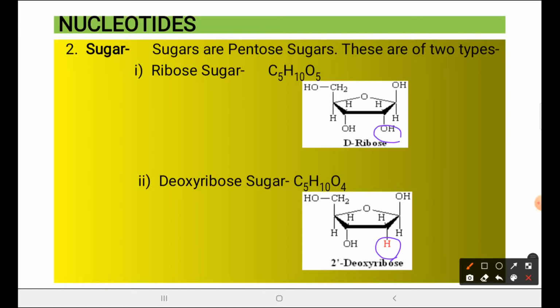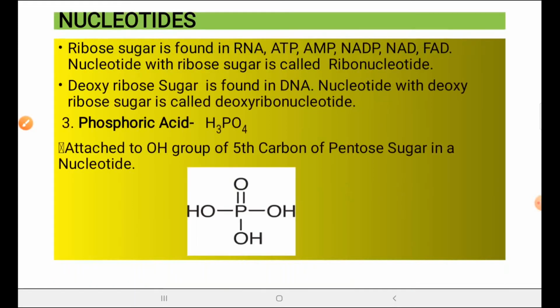Got it? Now let us come to the next one, that is your phosphoric acid. Before that, let me tell you, ribose sugar is generally found in RNA, ATP, AMP, NADP, then NAD, then FAD. What all these things are, I will let you know in free nucleotides.